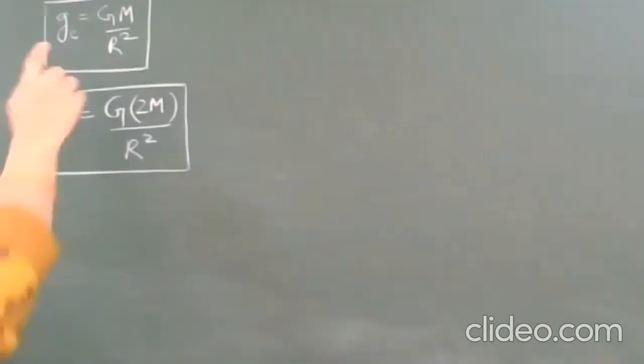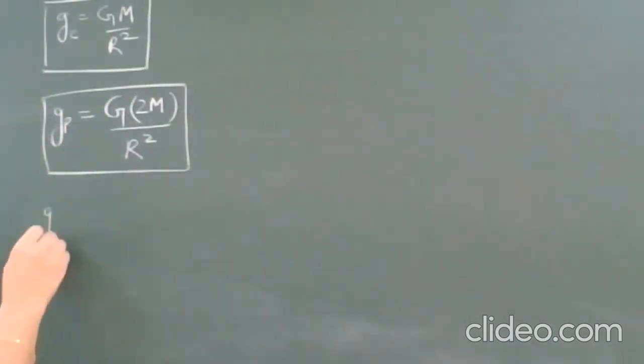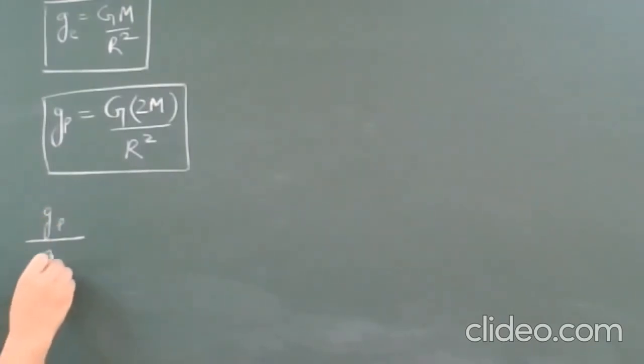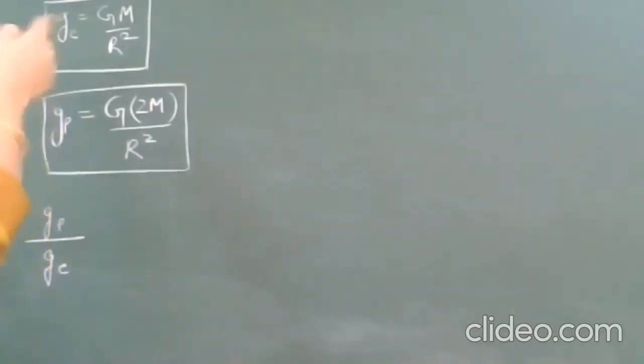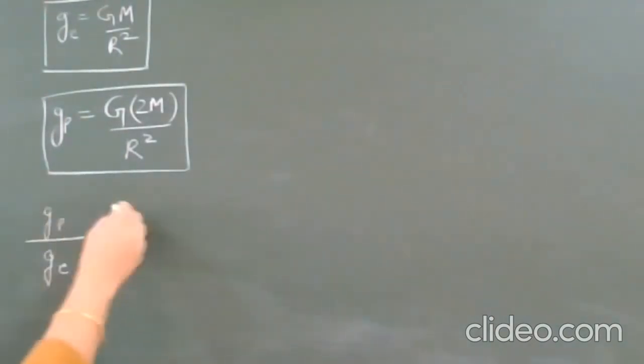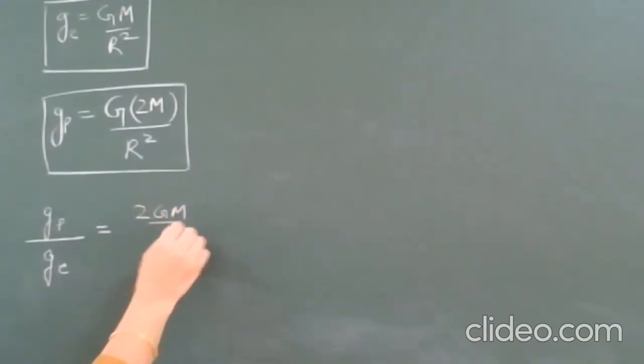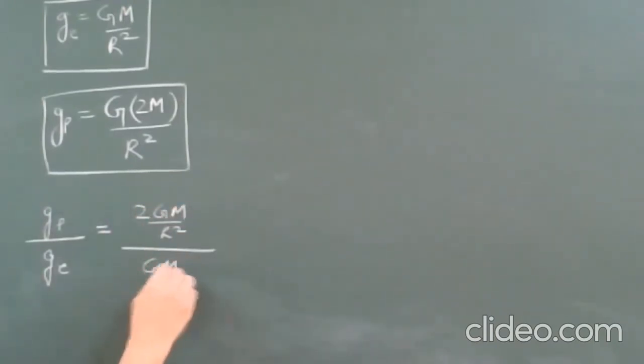Now if I have to find the value of g on that planet, I will have to divide these two equations so that the common terms go away and I am left with only a constant. So g on that planet is twice GM upon r square. G on Earth is GM upon r square, where M is the mass of the Earth and r is the radius of the Earth.